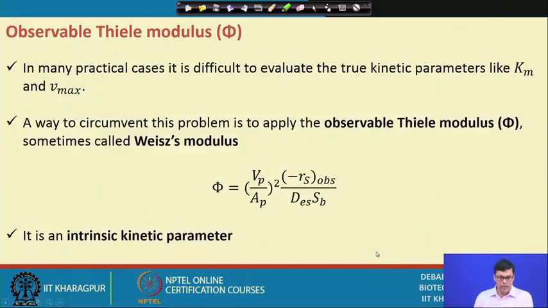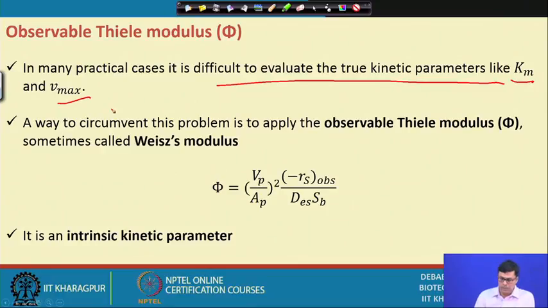Now finally we come across that in many practical cases it is difficult to evaluate the kinetic parameters Km and Vmax, which are the Michaelis-Menten constant and maximum velocity of reaction. So a way to circumvent that problem is to apply the observable Thiele modulus, sometimes called the Weisz modulus.